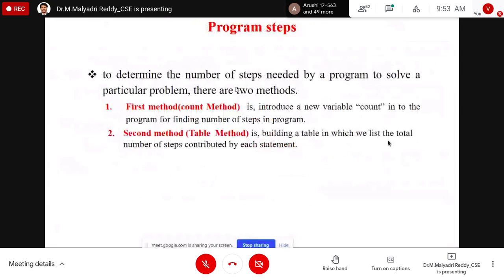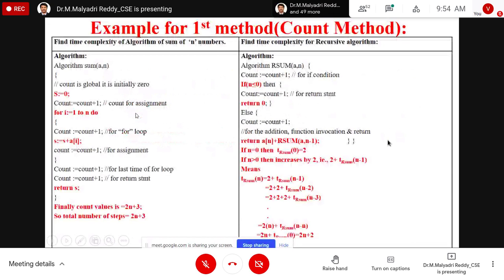Two methods are there in the complexity. First method is the count method, second one is the table method or tabular method. The count is used to count how many steps are required to complete the algorithm. Based on that count we calculate the complexity.